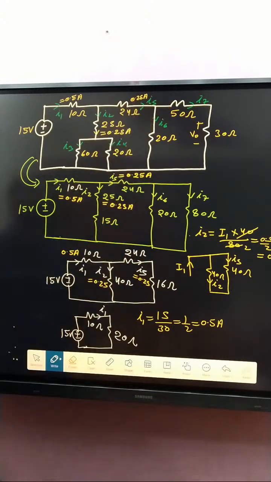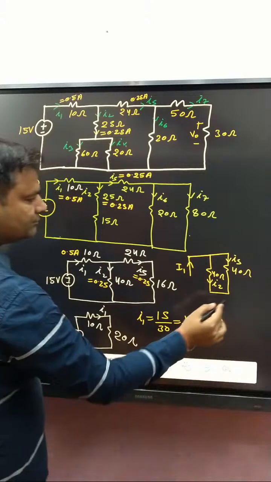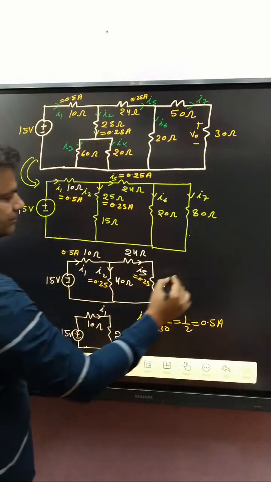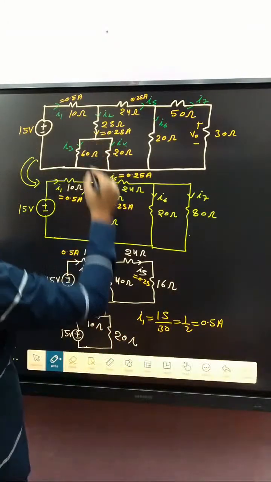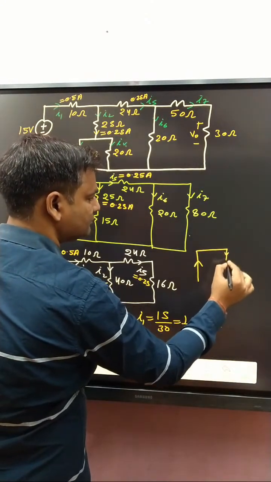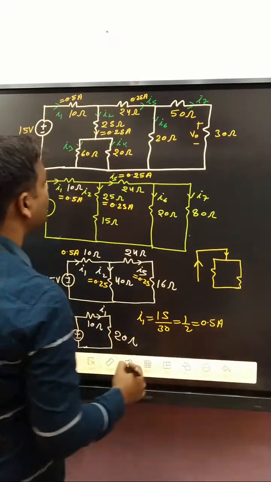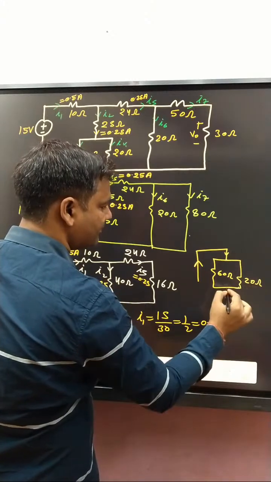Clear or not? Again, if you see very carefully, here the current direction, here 60 ohm, here 20 ohm.